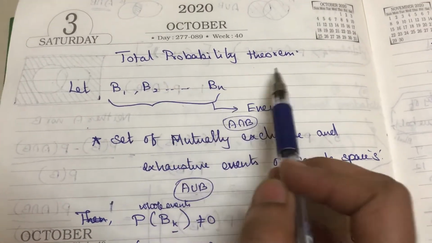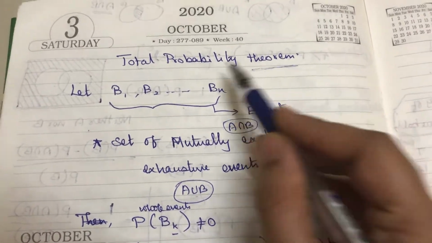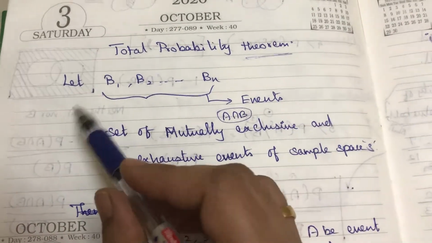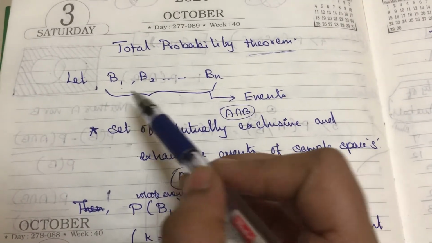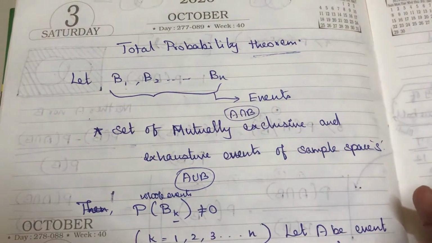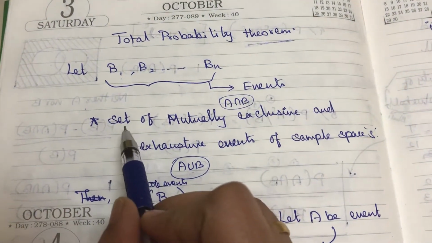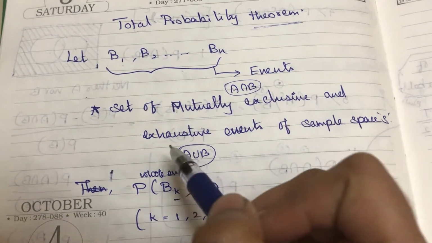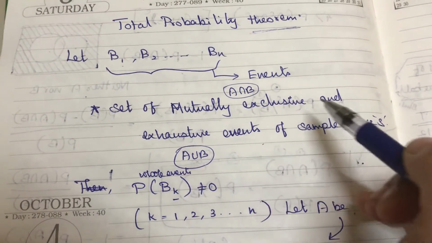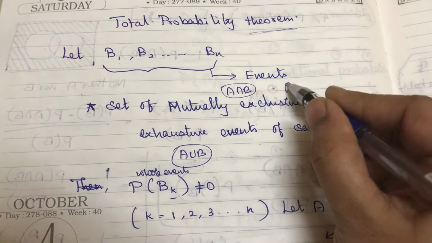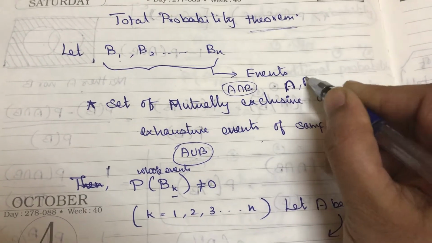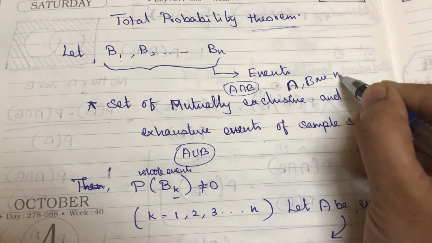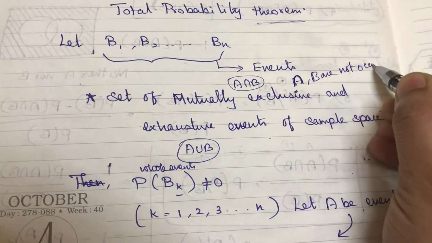Total probability theorem. There comes a theorem for the probabilities. Let me say B1, B2, these are the events up to Bn. So, a set of mutually exclusive and exhaustive events. Mutually exclusive means A and B do not occur together.